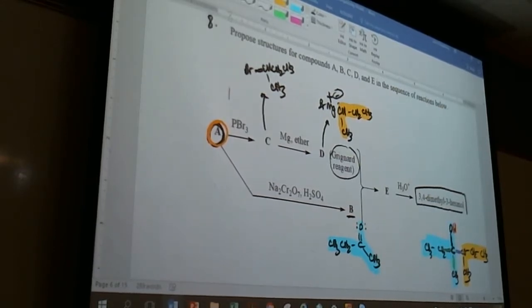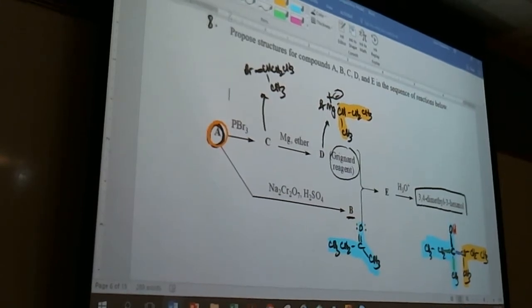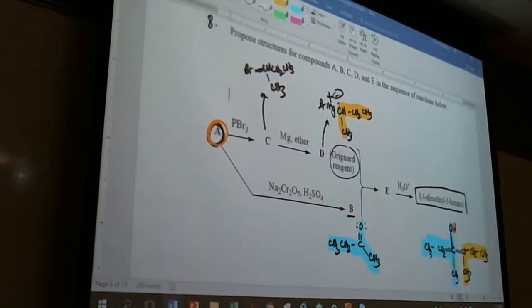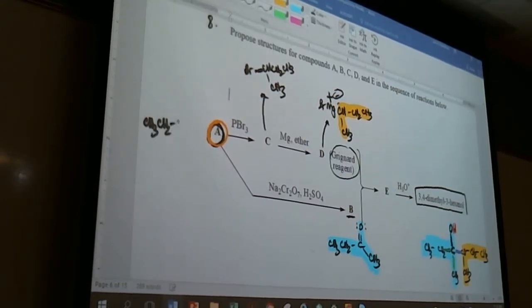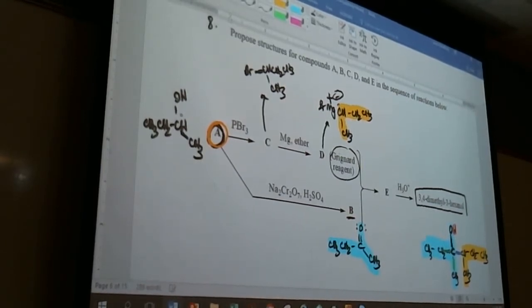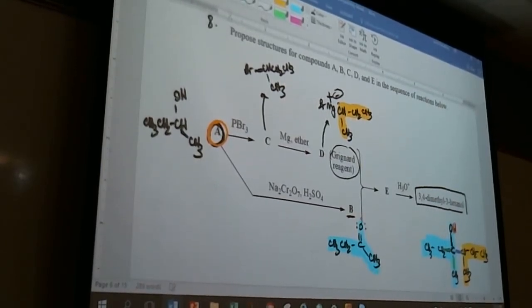A secondary one, right? You cannot oxidize tertiary, but you can oxidize a secondary to a ketone.